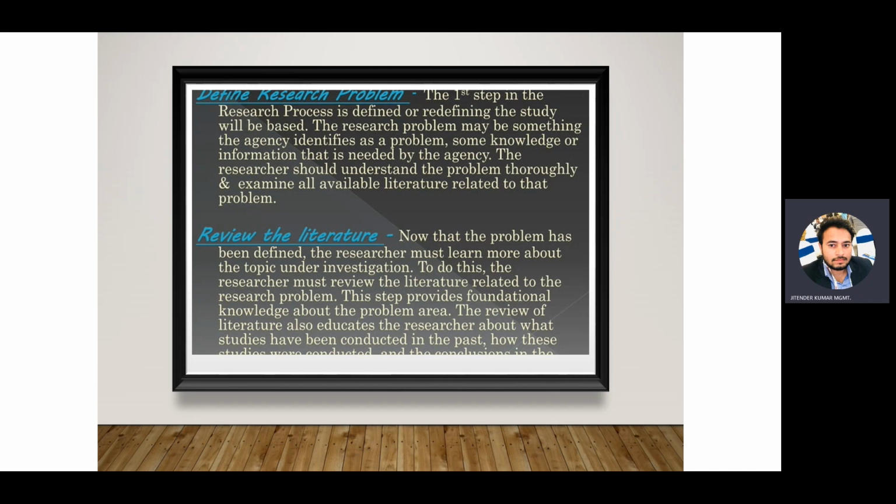So the first and very important step is defining the problem. In this research process, defining the study will be based on the research problem, maybe something the agency identifies as a problem, whether knowledge, information, or any kind of problem.